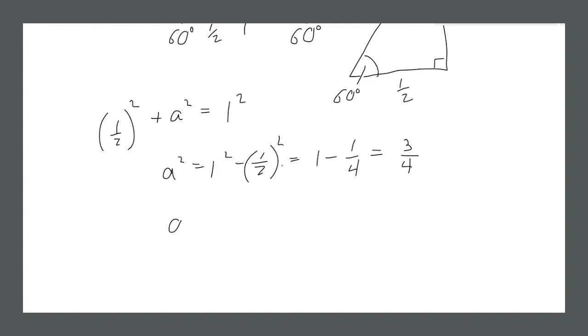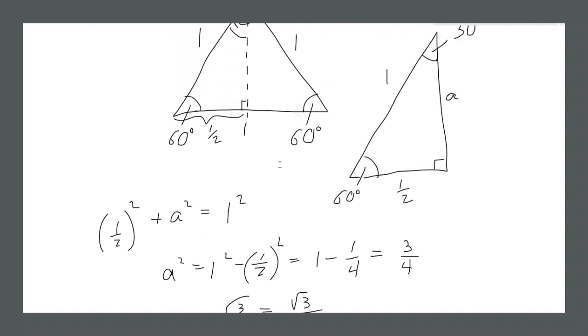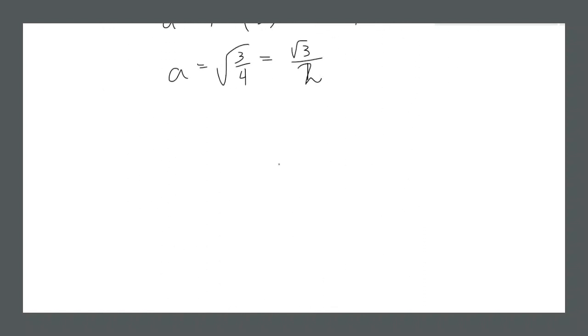Okay, so a is the square root of 3 over 4, which is root 3 over 2. So that's our second special triangle. Right angle, short end is 1/2, long end is root 3 over 2, and the hypotenuse is 1.